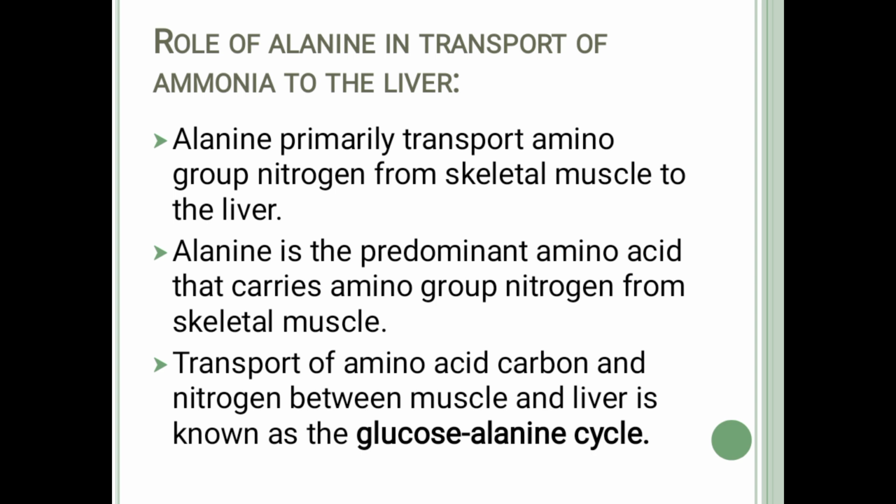Out of these two amino acids coming out of skeletal muscle, alanine is the predominant amino acid that carries amino group nitrogen from skeletal muscle. The transport of amino acid carbons and nitrogen between muscle and liver is known as the glucose alanine cycle.